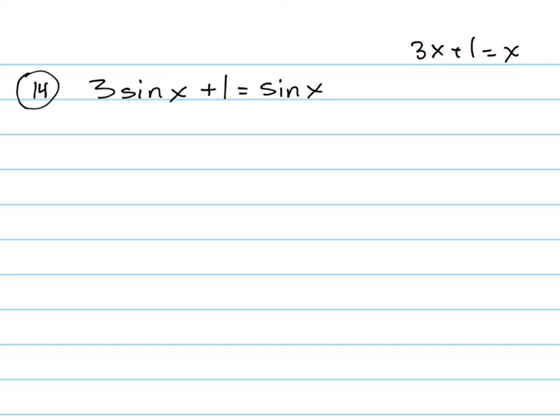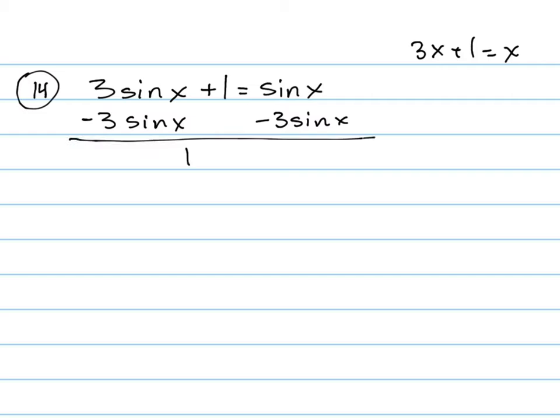Subtract the sine x, this sine x, and bring it to the left-hand side. You can do that, but that's too many steps. So what I want to do is subtract 3 sine x. Doesn't matter which side the sine x is on. You get 1 equals what?